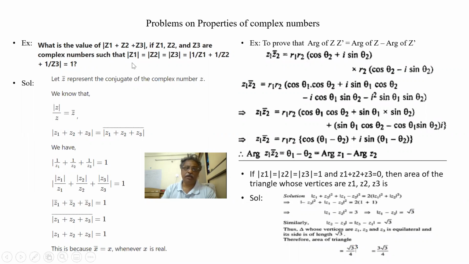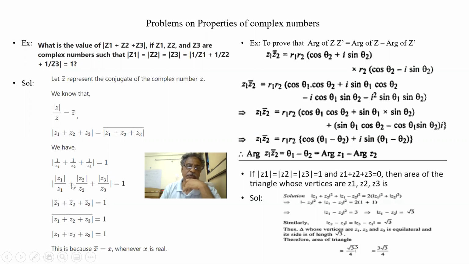But here mod Z1 is given as 1, mod Z2 is given as 1, mod Z3 is given as 1. So mod Z1 square and mod Z1 are the same. So let us see here. We have 1 by Z1 plus 1 by Z2 plus 1 by Z3 is 1. Using this, in place of 1, I am putting mod of Z1 square here, mod of Z2 square here, mod of Z3 square.